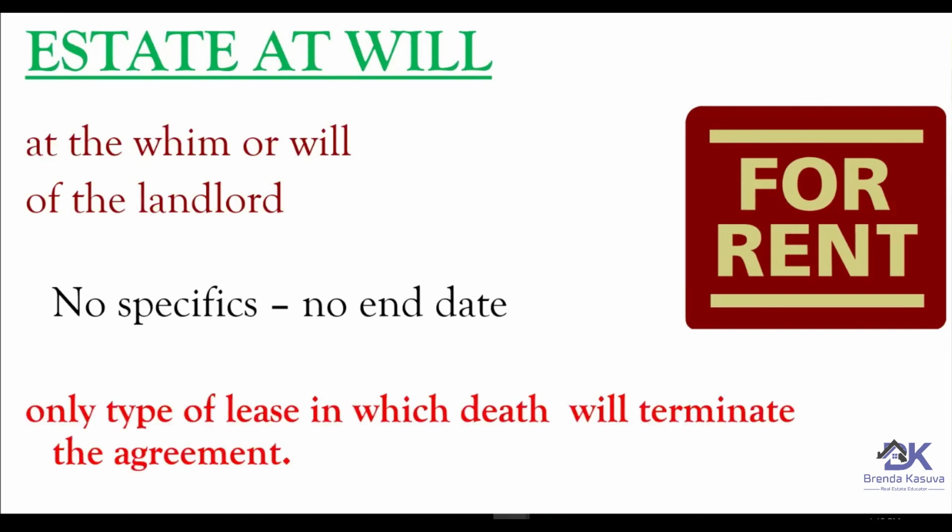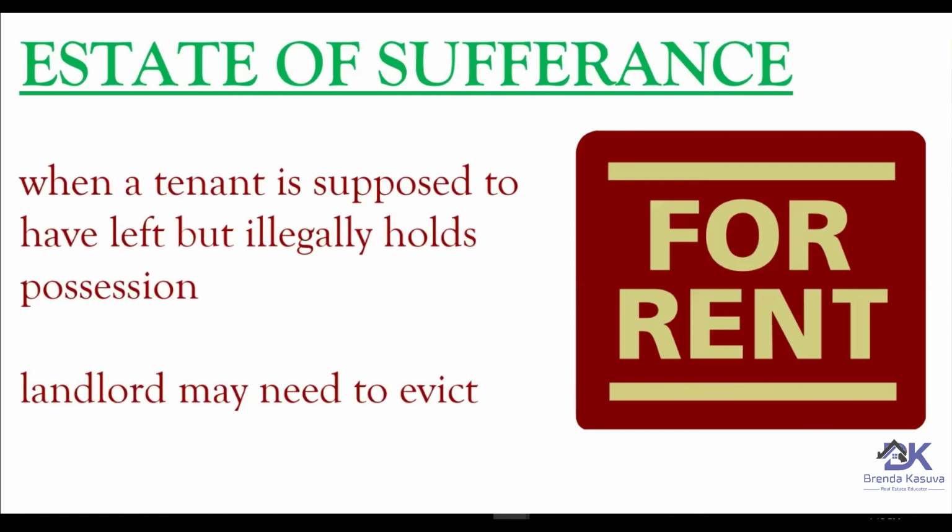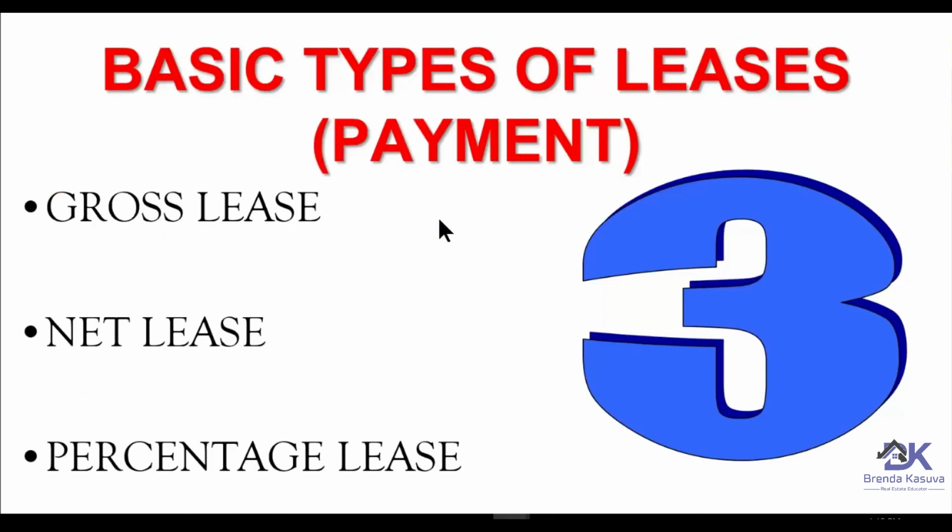And it's one of the only types of leasehold that ends when one of us dies. Estate at sufferance is probably the simplest one. Somebody's suffering, usually the landlord, because the tenant has stayed longer than they were supposed to.